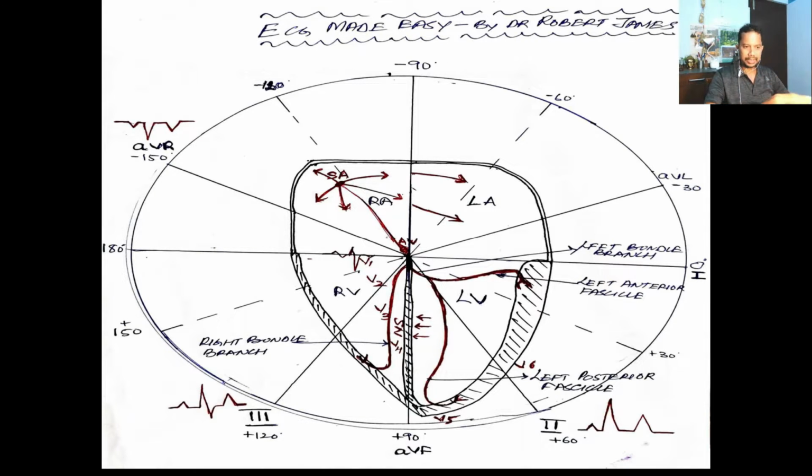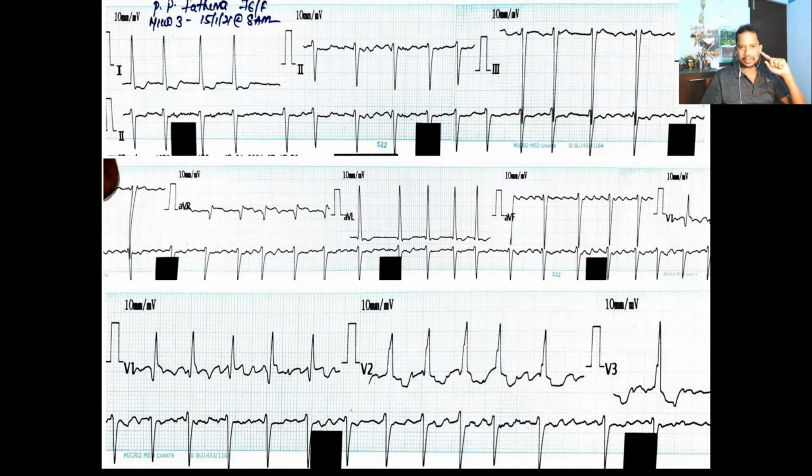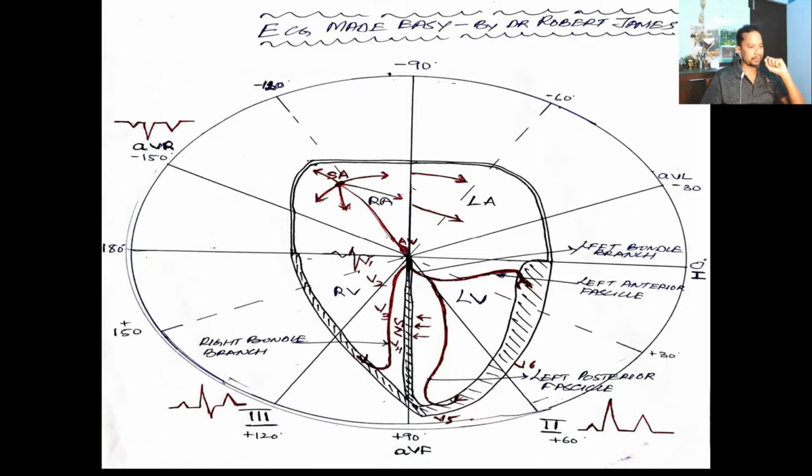And I told you all the leads are lying at multiples of 30 degrees: 30, 60, 90, 120, 150, 180. Similarly on the negative hemisphere. Okay, so the axis is lying somewhere in the left axis deviation quadrant where lead 3's negative pole is plotted, and the negative pole of lead 3 is plotted at minus 60 degrees.